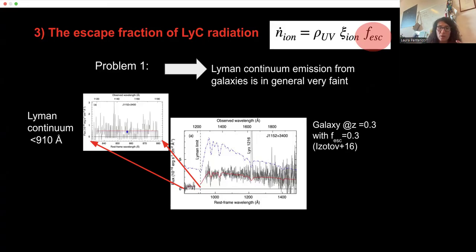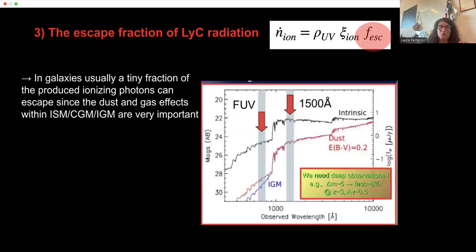So the first problem is that the Lyman continuum emission is in general very faint, which makes such observations difficult, because in galaxies usually only a tiny fraction of the produced ionizing photons escapes from the source. You have the dust, you have the gas, you have effects within the interstellar medium and the circumgalactic medium. All these effects are very important.